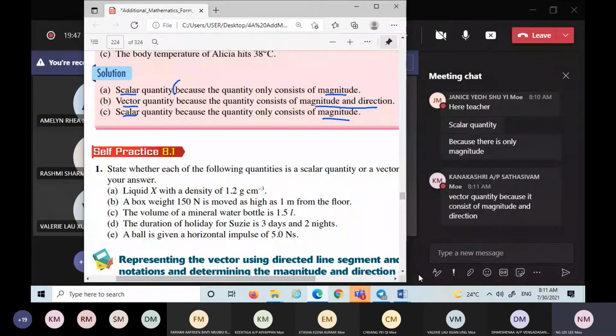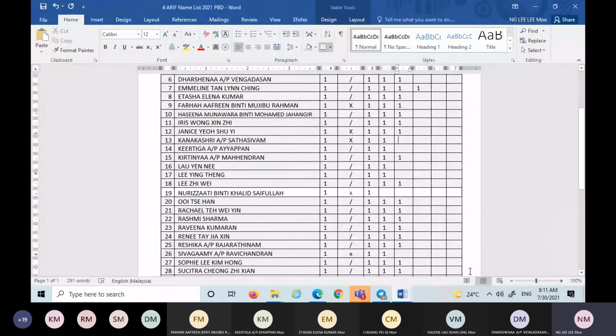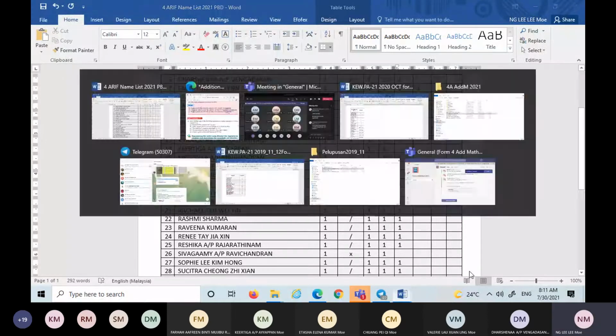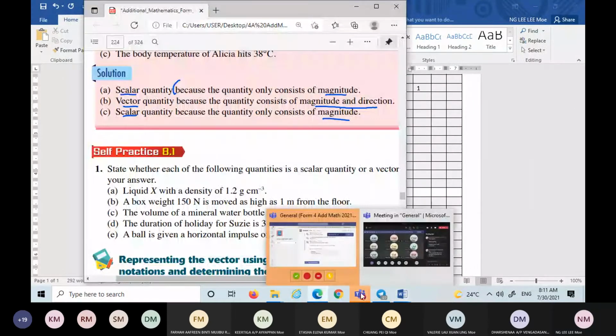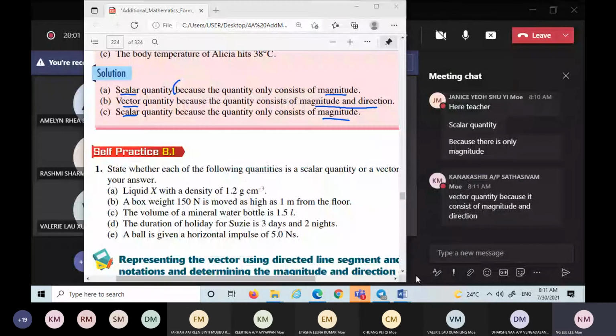So next one. Kritika, answer for C, please. Color quantity. Scalar quantity because the quantity only consists of magnitude. Only magnitude.